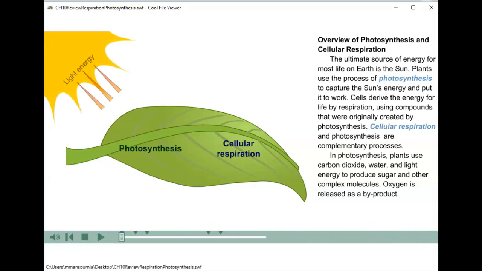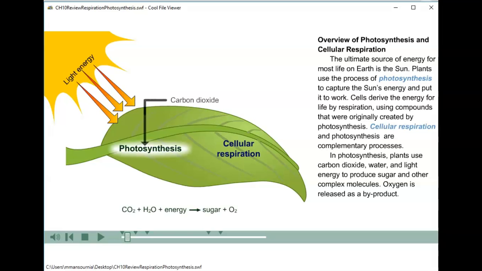The ultimate source of energy for most life on Earth is the sun. Plants use the process of photosynthesis to capture the sun's energy and put it to work. Cells derive the energy for life by respiration, using compounds that were originally created by photosynthesis. Cellular respiration and photosynthesis are complementary processes.